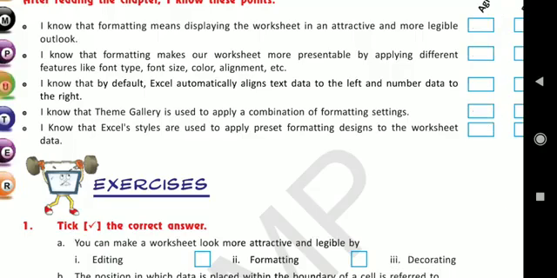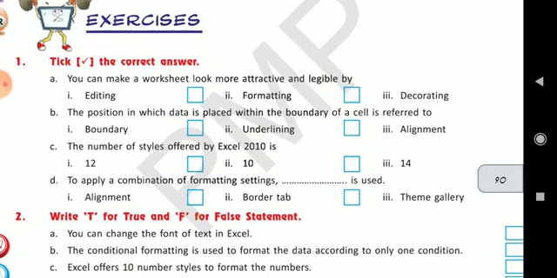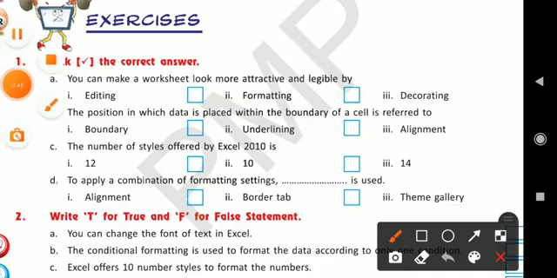Now, take the correct answer. You can make a worksheet look more attractive and legible by, how can you make? Just while starting the chapter, we have read a line that formatting makes your worksheet look more attractive and legible. So the answer is formatting.